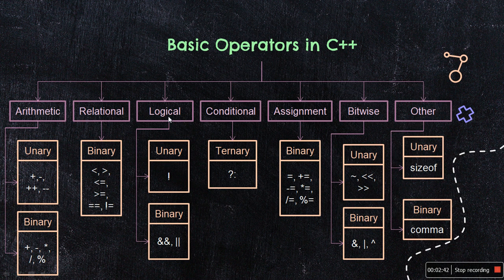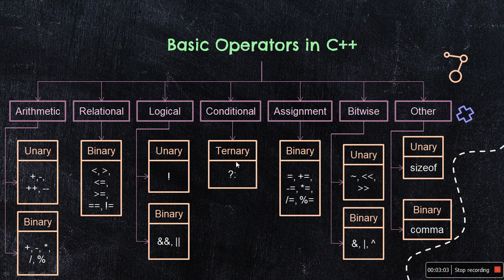Then the third category is logical operators. Here again you have unary and binary kind. Unary is the logical not, and binary is the logical and and logical or, represented by double ampersand and double vertical lines respectively.